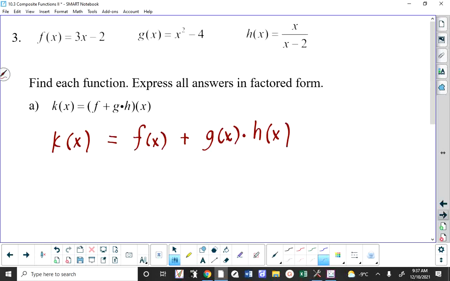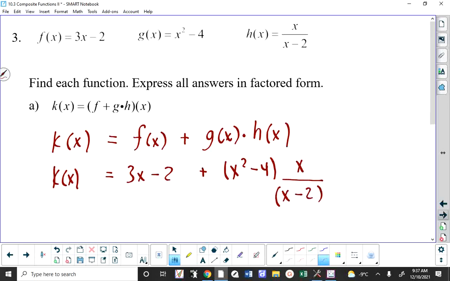Well, f of x is 3x minus 2 plus g of x, which is x squared minus 4, multiplied by h of x, which is x over x minus 2. I didn't put it up here.